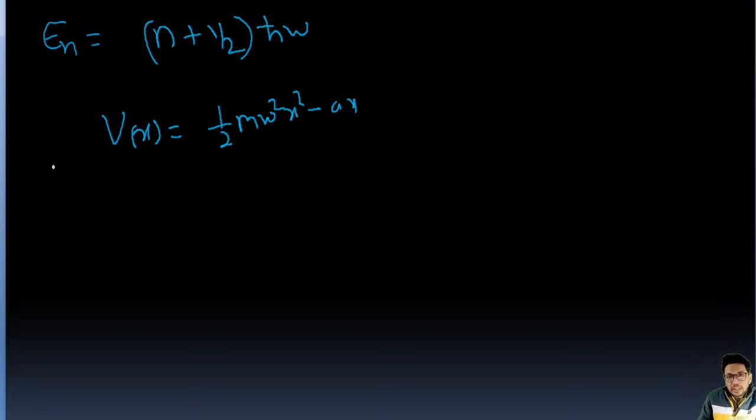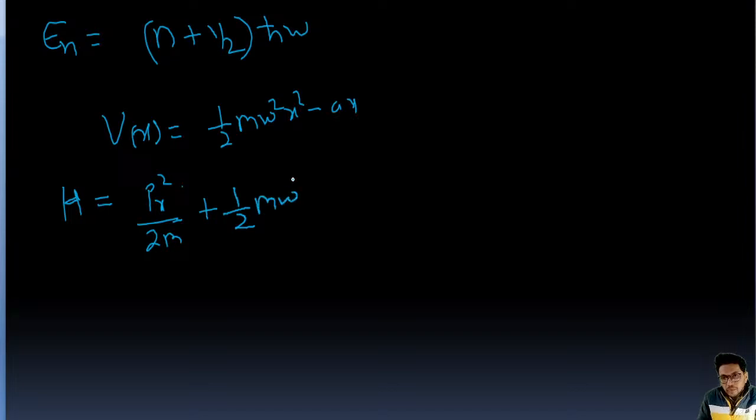In that case, the Hamiltonian is going to be px square upon 2m, because it's a 1D harmonic potential, plus half m omega square x square minus ax.